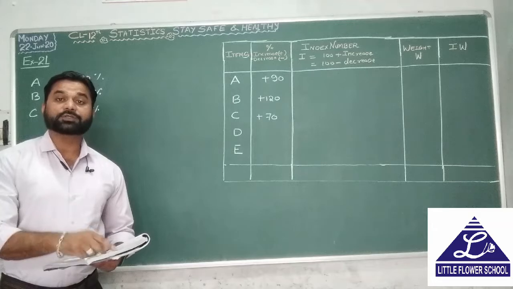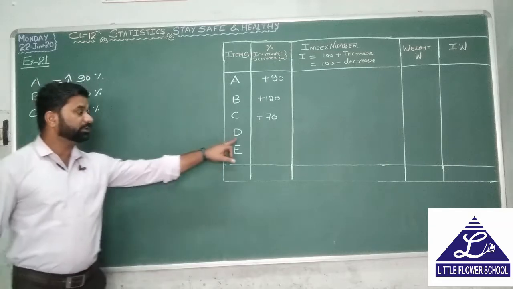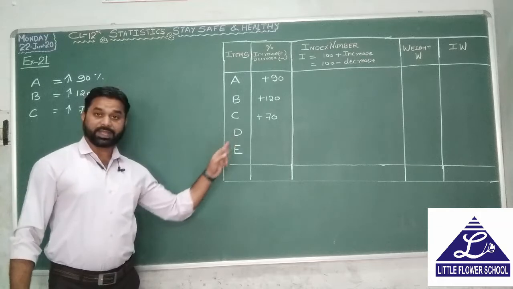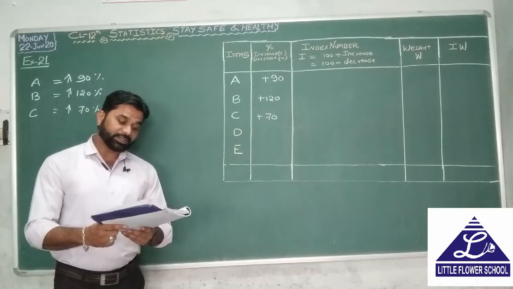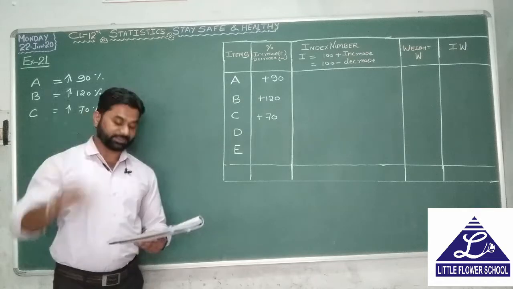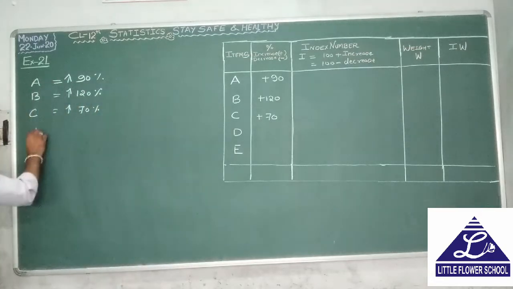Whereas the prices of the two items D and E decreased by 2% and 5%.